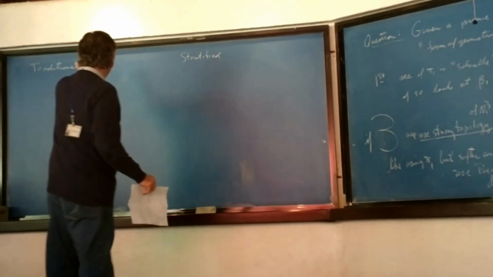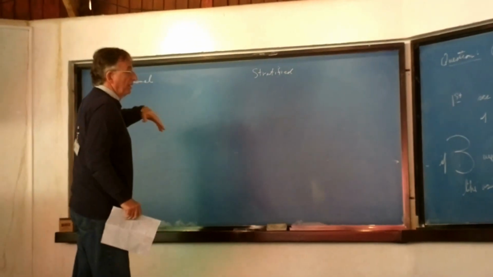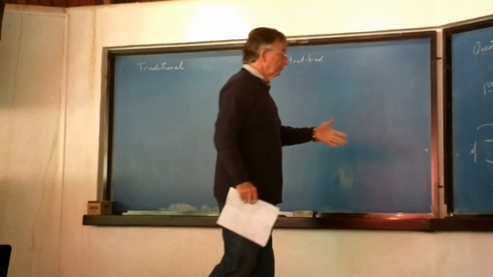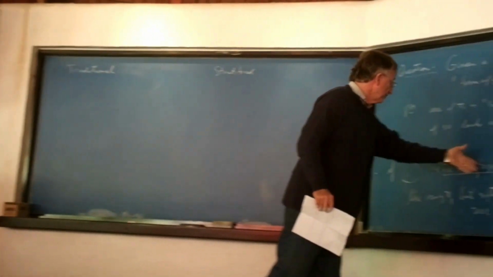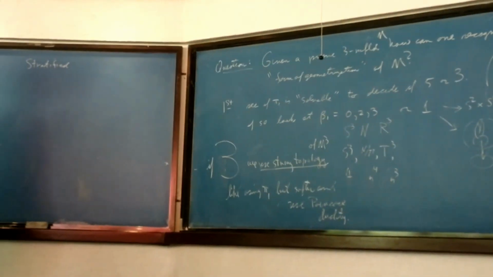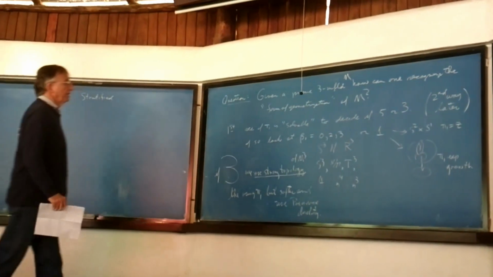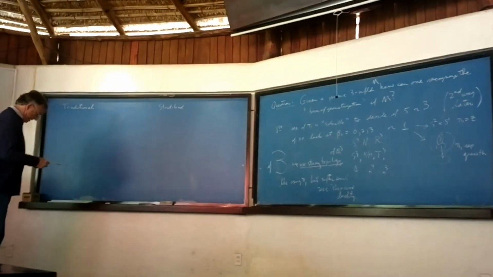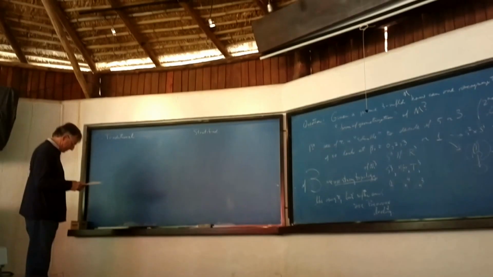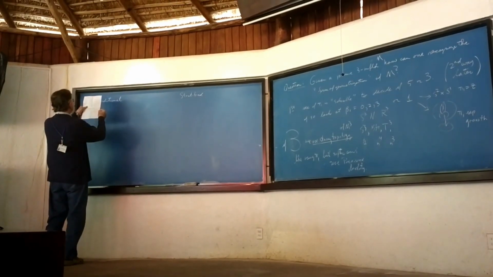So the first part I'm going to state two theorems now. In the first one, I'm going to use what's called traditional string topology, and then in the second one, I want to use this newer kind of string topology. Okay, so the traditional string topology that I'm going to use is the following. There's a sentence here.